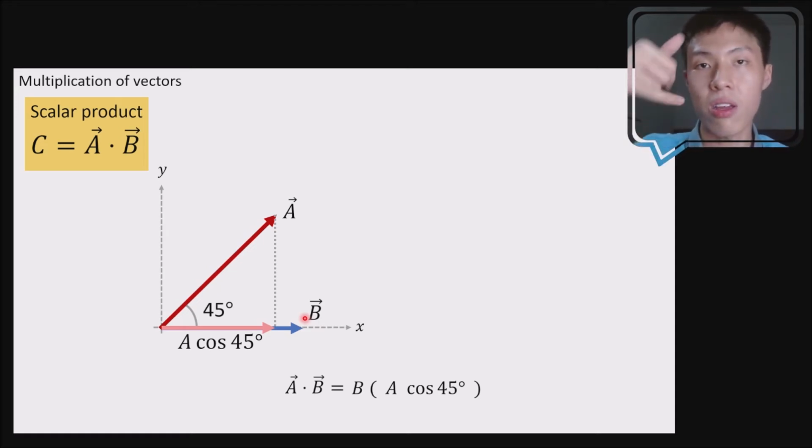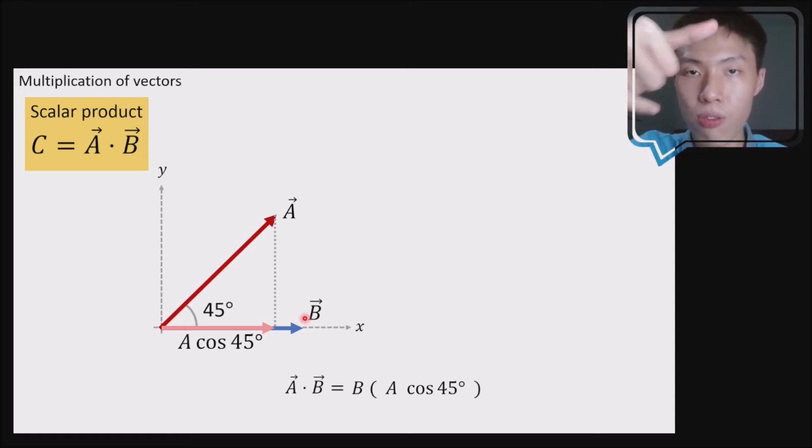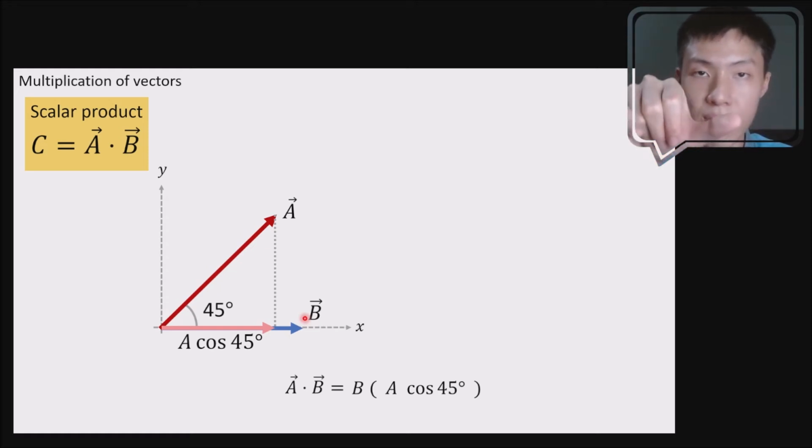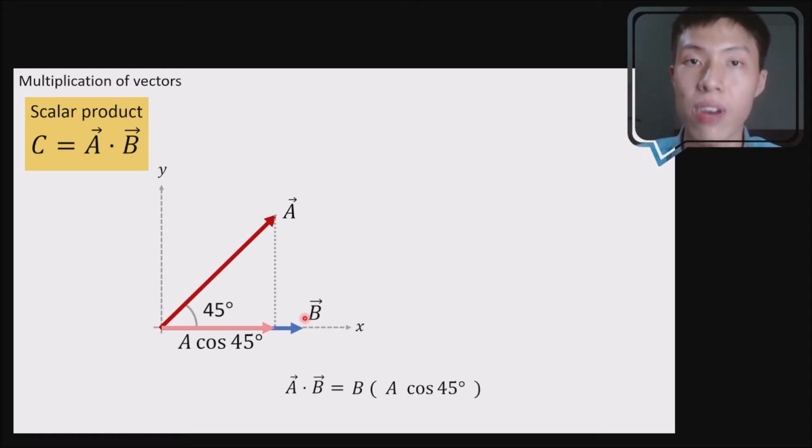We find for one vector how much of that vector is in parallel to the second vector, and we multiply the two together. That is essentially what scalar product is doing.